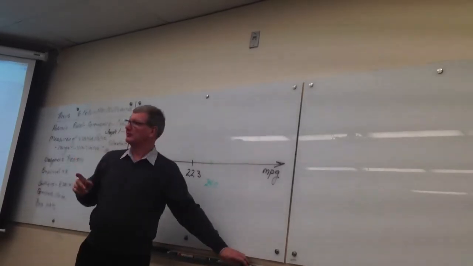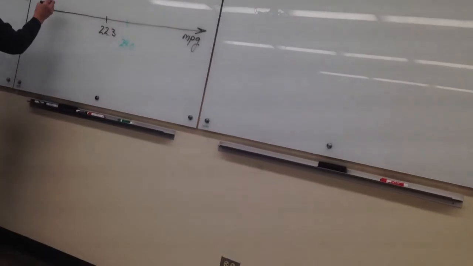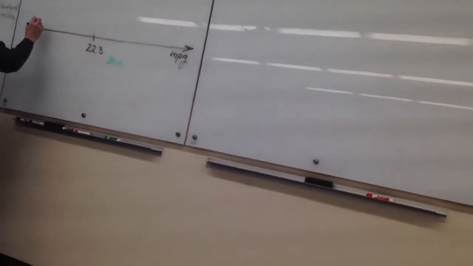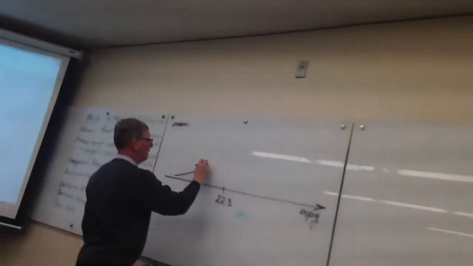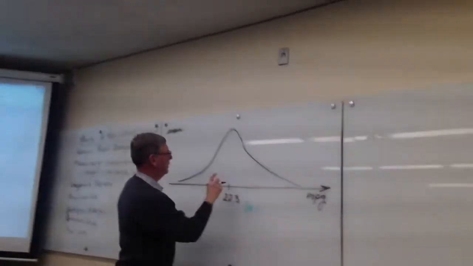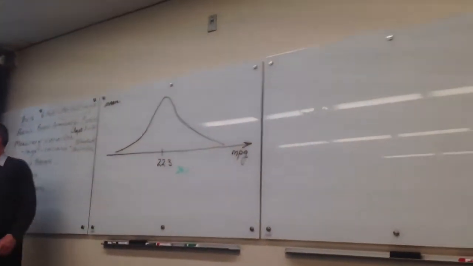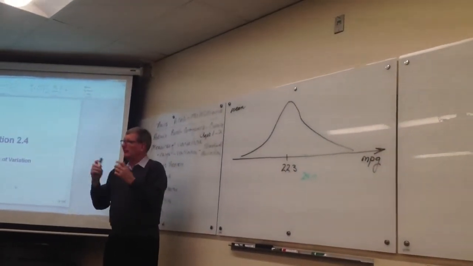And let's assume for a second that when they tested the black car, the distribution of miles per gallon was very consistent, and it was really right around 22.3. So all of the sample cars were fairly consistent.